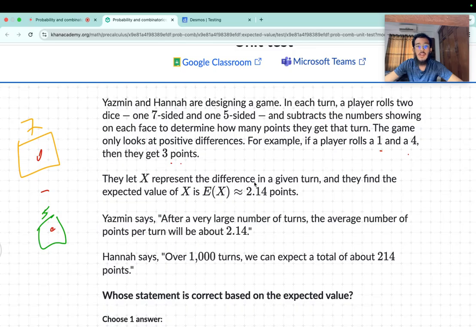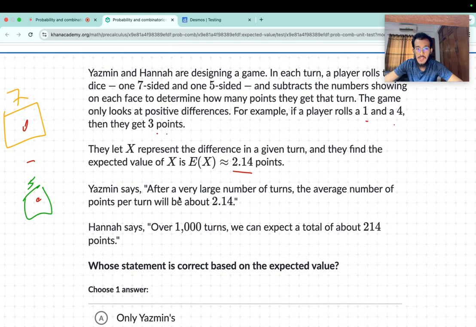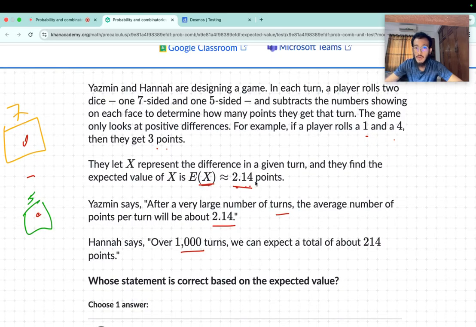Let x represent the difference in any given turn, and they find the expected value of x is 2.14 points. Yasmin says, after a very large number of turns, the average number of points will tend to be 2.14. And Hannah says, over 1,000 turns we can expect 2,140 points. So the expected value of x is 2.14. This is the points you expect in one turn.